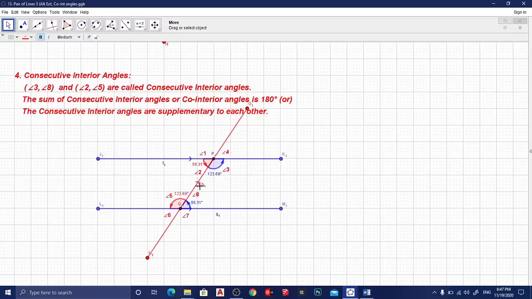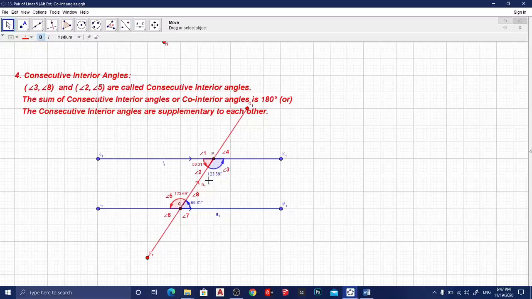When will we call the given angles supplementary to each other? If the sum of two given angles is 180 degrees, those two angles are called supplementary to each other. That is the most important property of these co-interior angles.